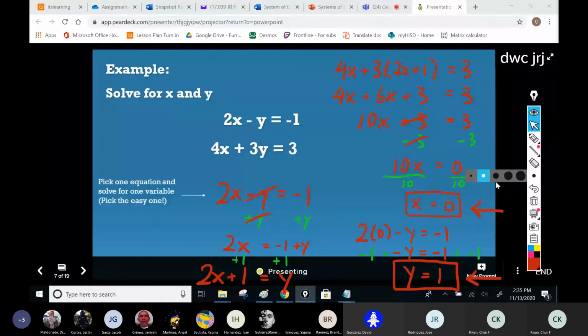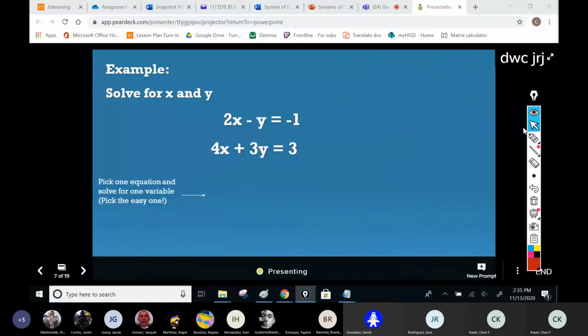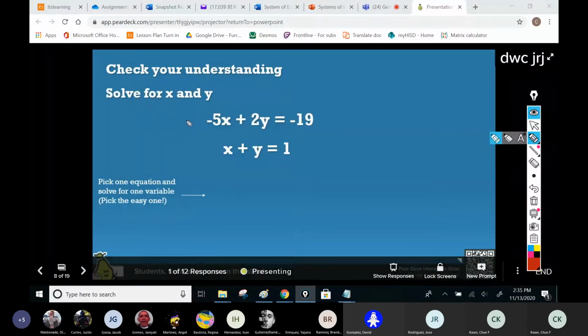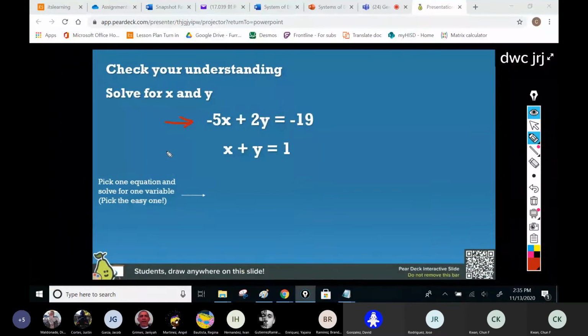All right, so let's check to see if you guys are getting this. I want you guys to work on the next problem. So check your understanding. I'm giving you two equations. So definitely pick the easy equation and then pick a variable.